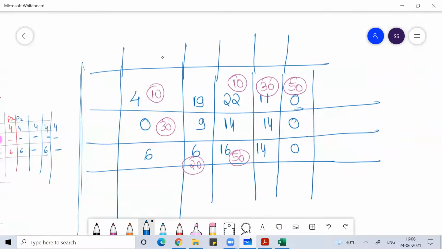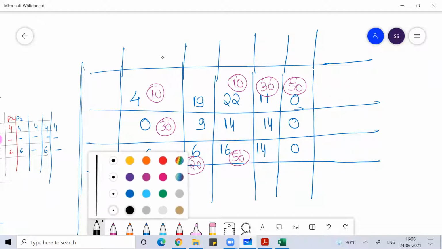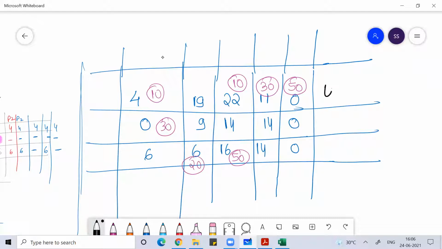Now I determine the initial basic feasible solution. I used Vogel approximation method to determine it. Then I need to check whether this is ideal or not, so for that I use the modified distribution method.